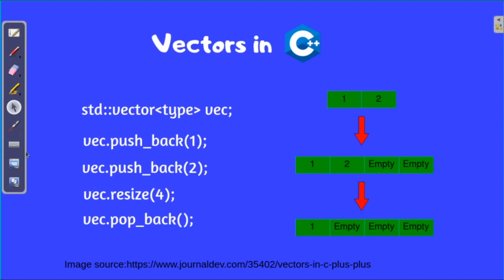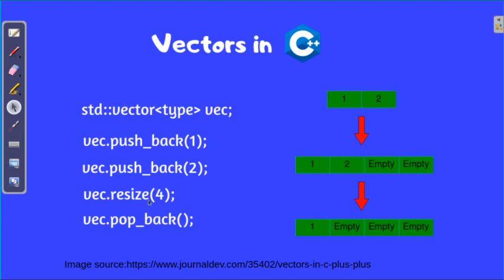So they also have this declaration phase where you declare it. After declaration we push back, a method to push an element at the end of the vector. Now we push 1, so 1 is inserted. After that we push back 2, so 2 will be added after the 1, and now it has only 2 elements.